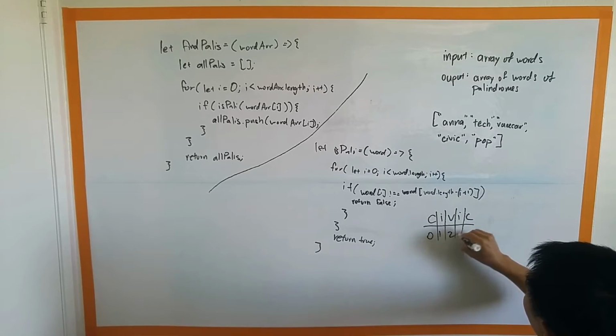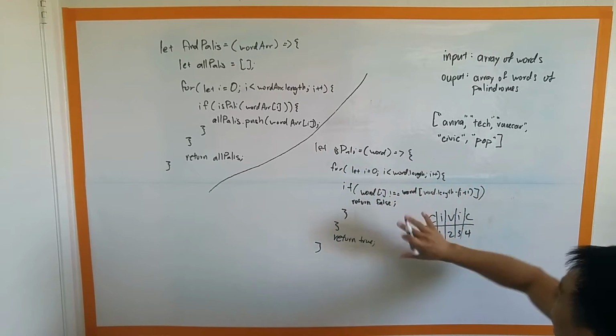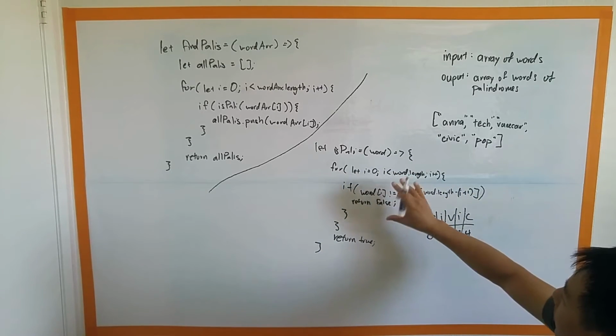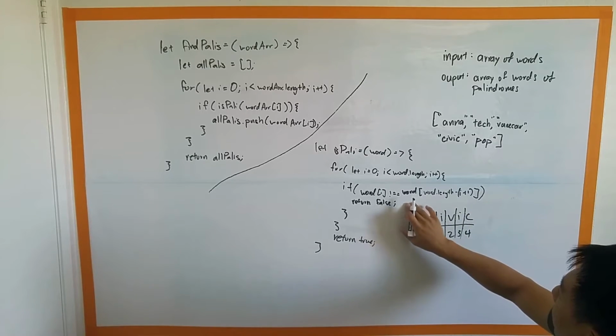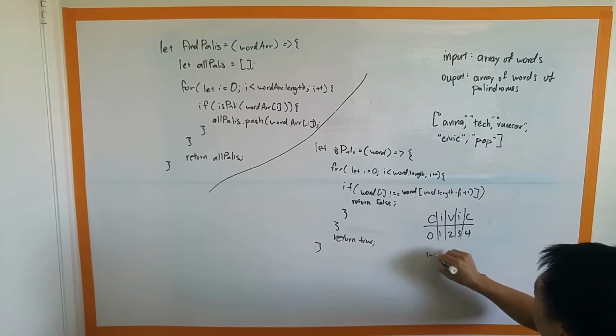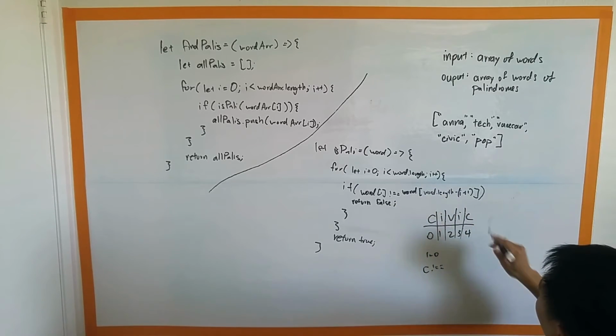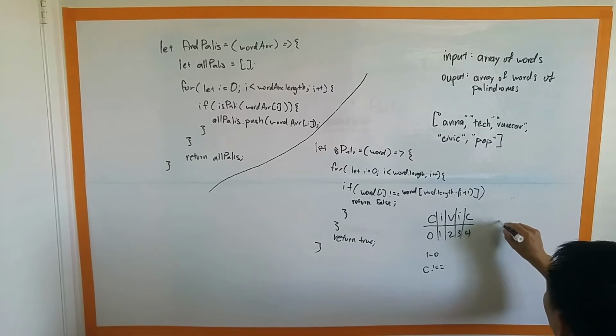And this is just index numbers. We know that this should be returning true. Let's see, I have 0, so i equals 0 right now. So we're comparing the C. C does not equal to word.length, which is going to be a length of 5.